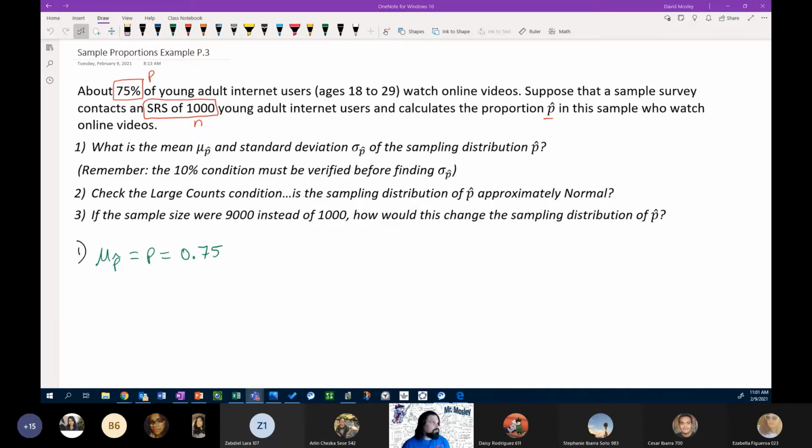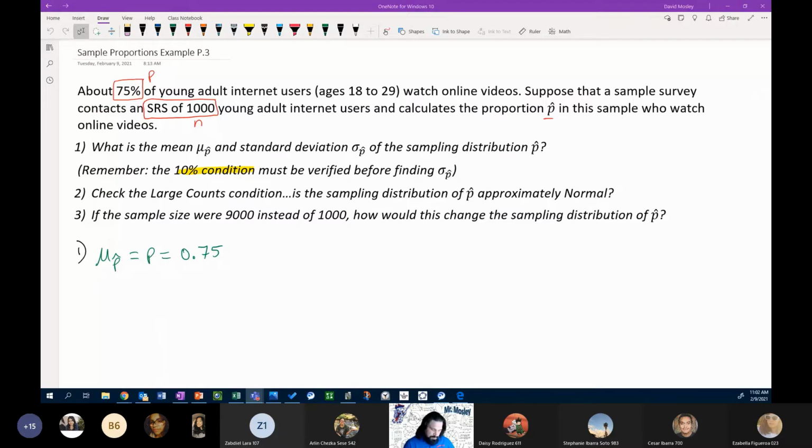Now, before we can do standard deviation, we have to check the 10% condition. We need to confirm that that's met. Sometimes you have to actually show the numbers. Sometimes you just have to make a statement that's obviously true. In this case, that's what we'll do.